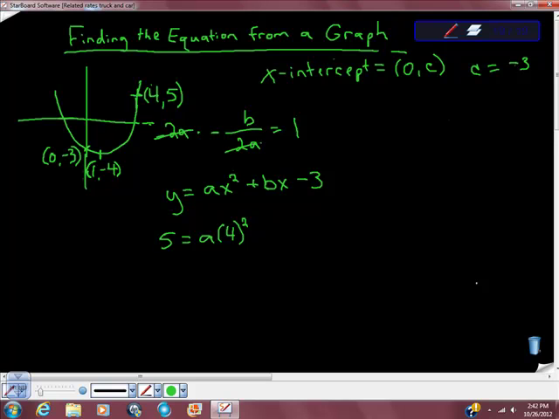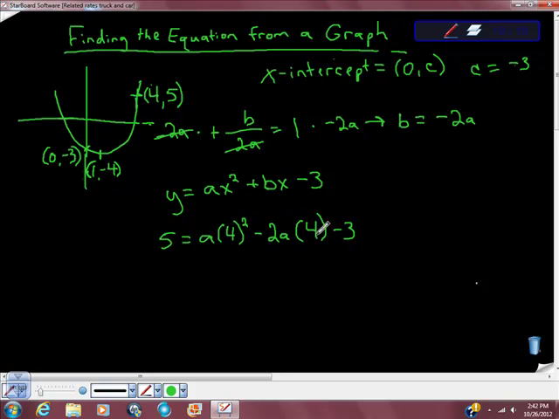So that cancels out and makes this positive. And then I'll do the same on this side, multiply by -2a, which gives me positive b equals -2a.